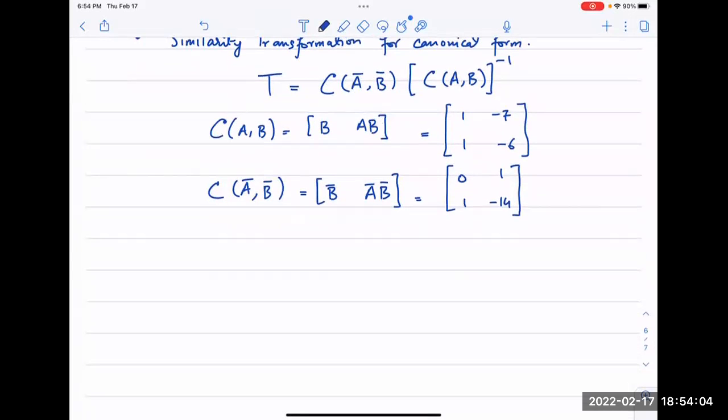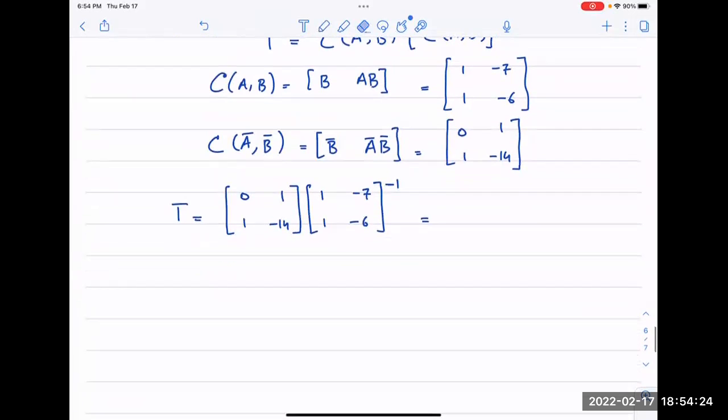Okay, so then T is simple. T will be this matrix times the inverse of the second matrix. So that's going to be [-1, 1; 8, -7].